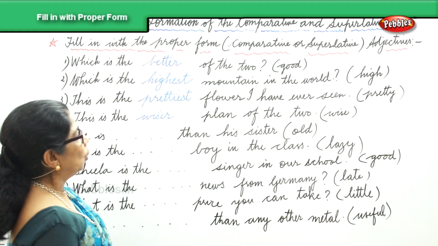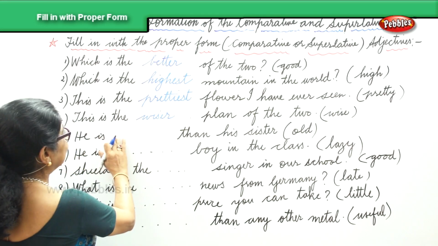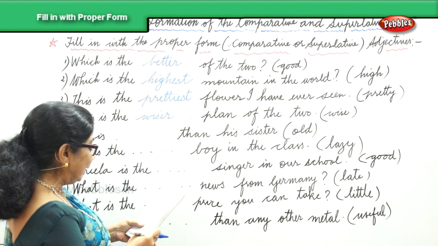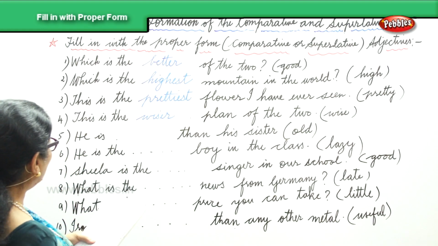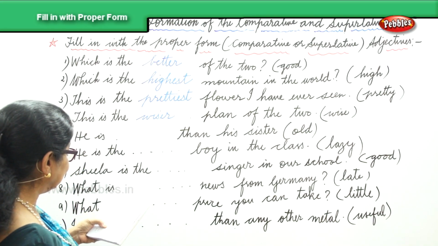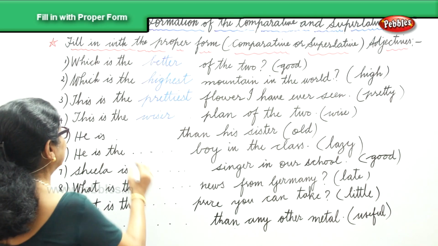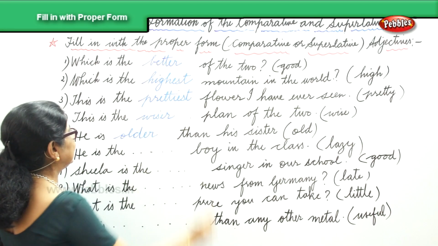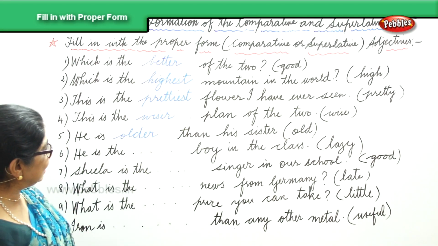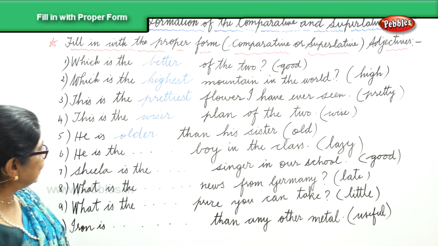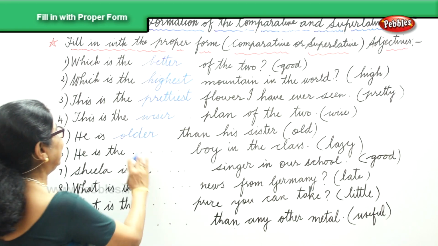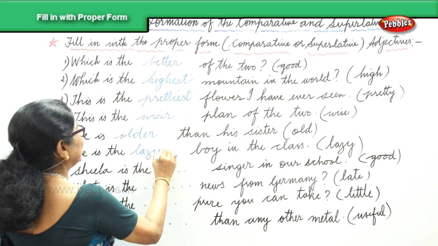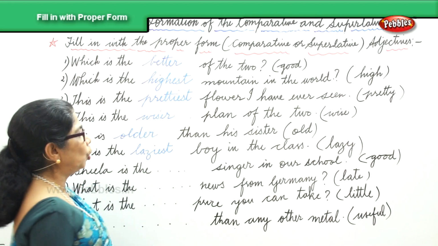That will be better. Then, old, older, oldest. You won't say old, you will say he is older than his sister. Lazy, lazier, laziest. He is the laziest boy in the class.